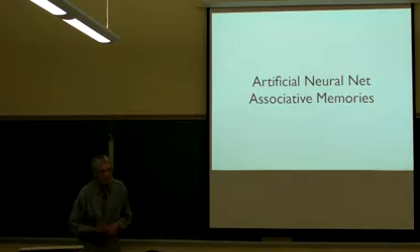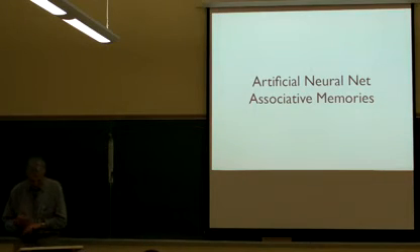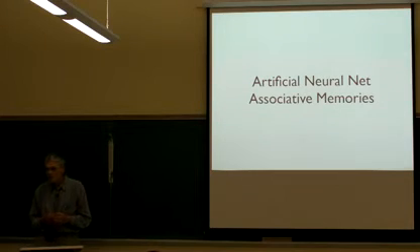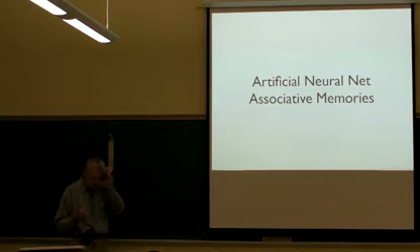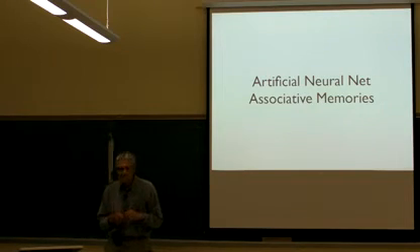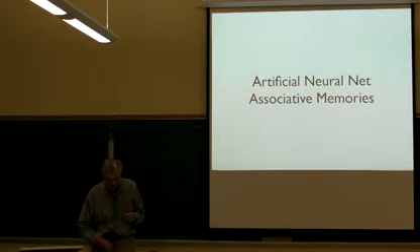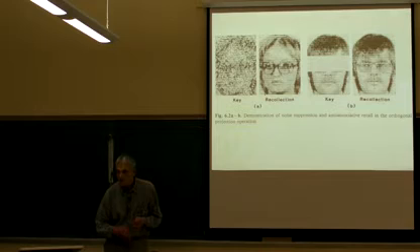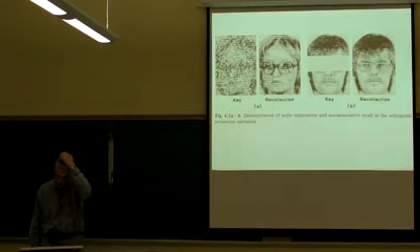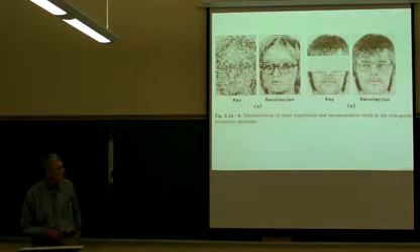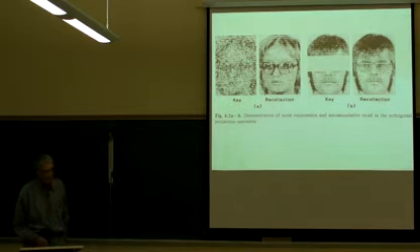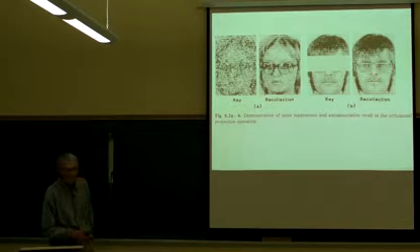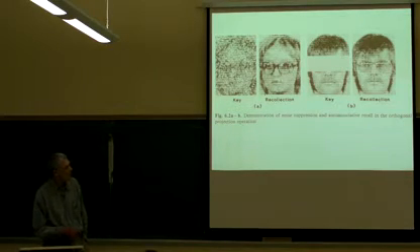Okay, now that we have a little bit of a review of what the cerebellum looks like in terms of its connections and in terms of numbers, we'll go back to things that you have already discussed in this class. You discussed associative memories, and here is one of the very early pictures that appeared in the literature on associative memories. In this case, the associative memory was trained on these complete images.